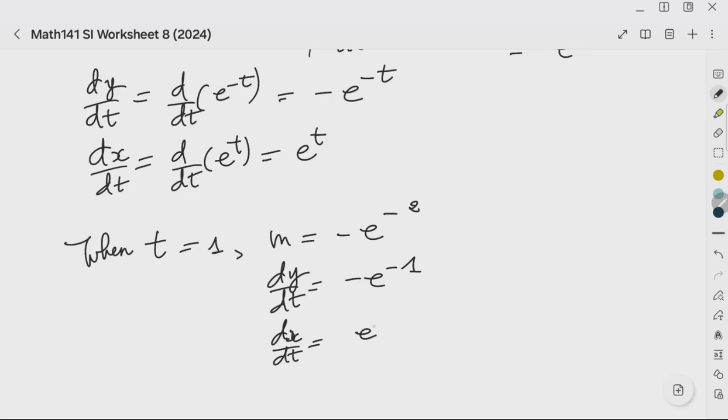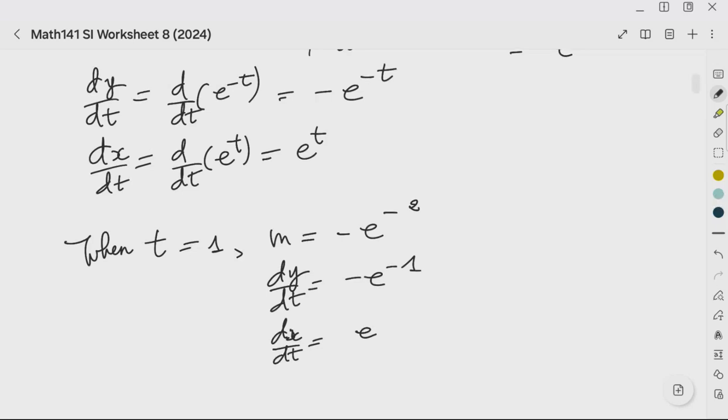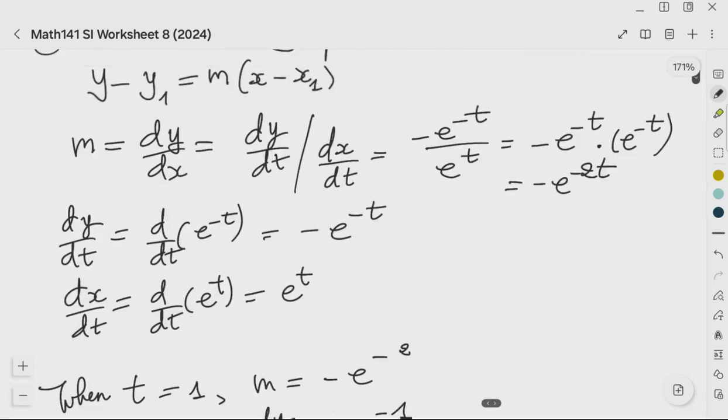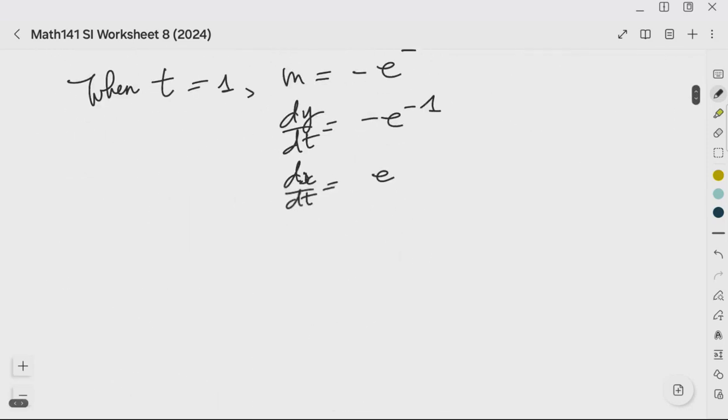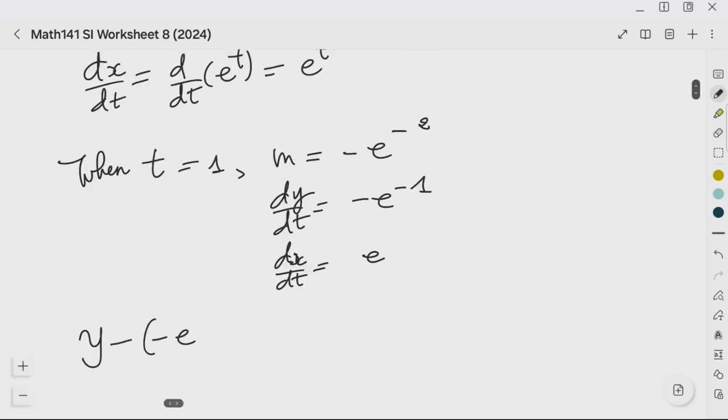So writing down our equation now for our tangent line, we have y minus y1, which is this, minus e. Let me check something.